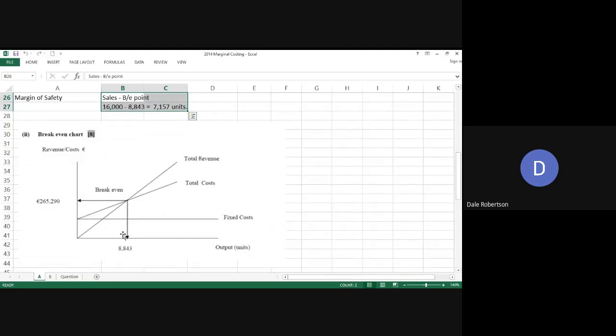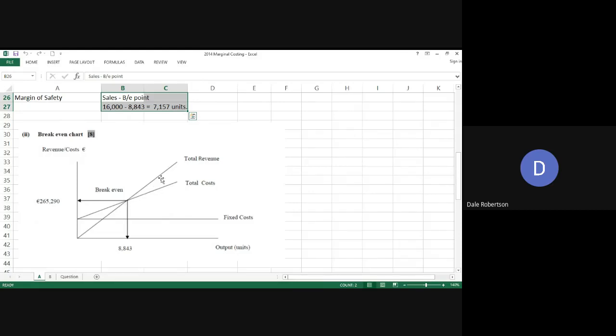Now, one interesting piece of information where I'm going to put the cursor now, before the break-even point, you can see that your revenue is smaller than your costs. Hence, all of this is a loss. And your loss is decreasing, decreasing, decreasing until eventually you break even. And then after your break-even point, your revenue exceeds your total cost.